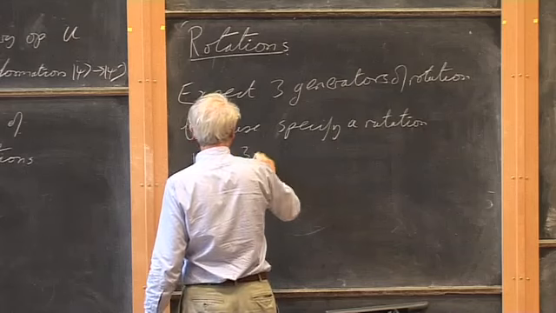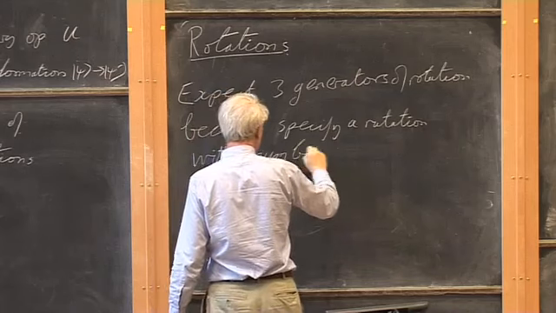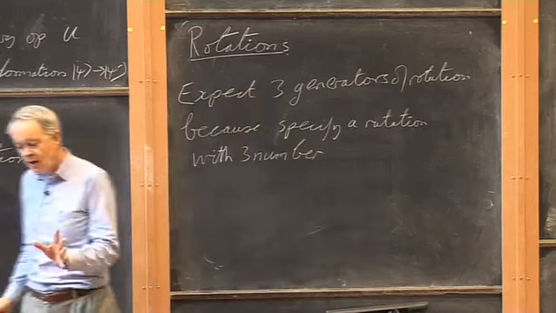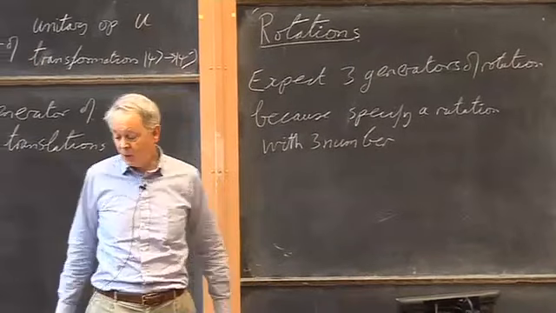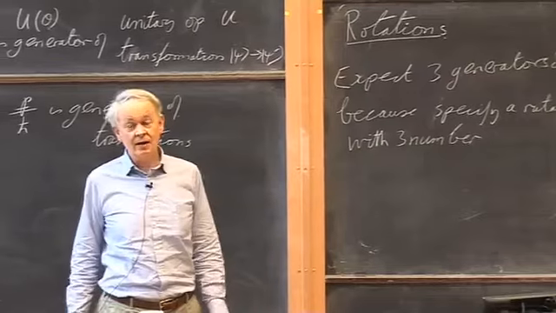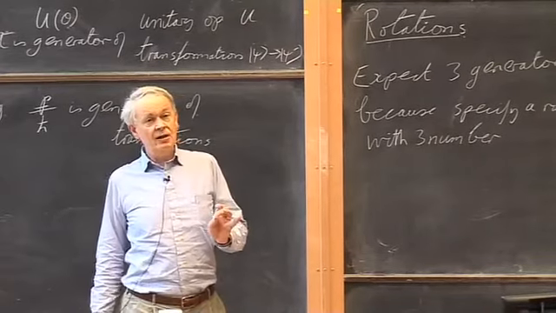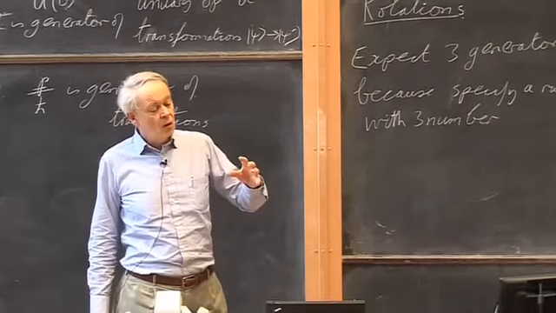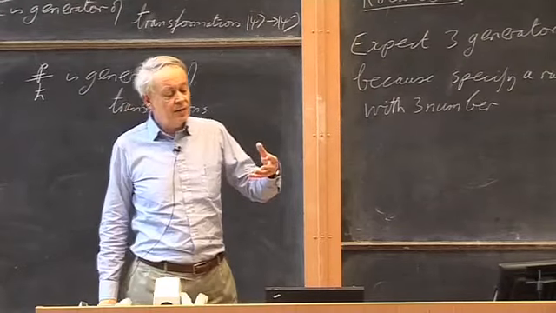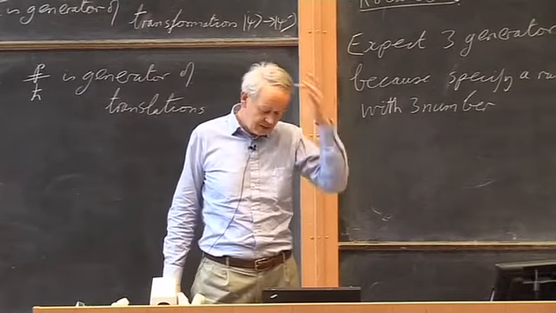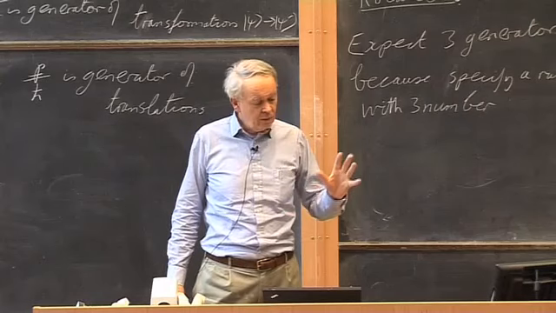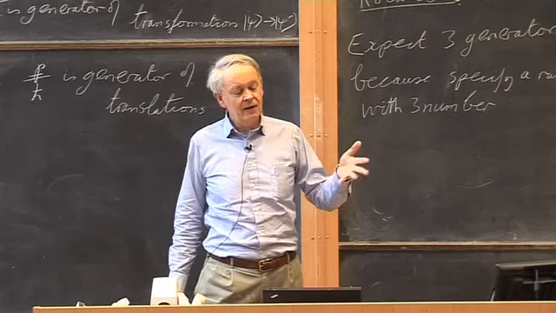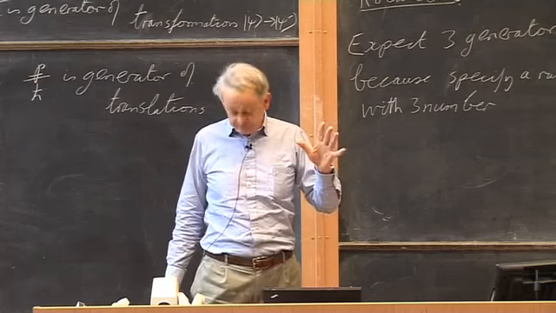Now, there are many ways, just as there are many sets of three numbers I can use to specify a translation, because I can orient my x, y, and z axes in any which way I like. There are many ways in which I can specify three numbers that define a rotation, and those of you who've done S7, the classical mechanics option, will have heard of Euler angles, of which there are three, theta, phi, and a psi.